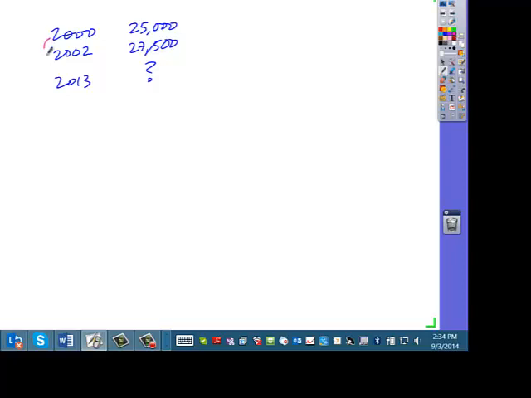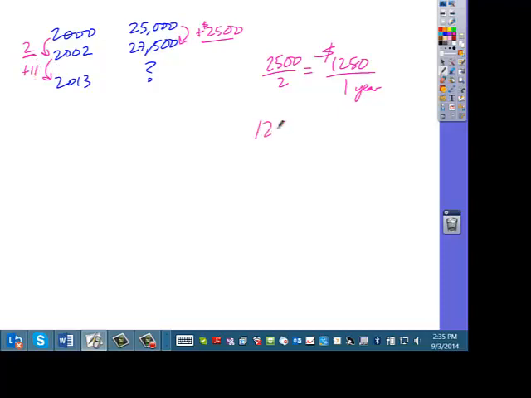So we've got a change of 2, and I saw a lot of you do this one. You basically said, okay, well, if that's 2 years and this much money increase, that means that if we divide, we get the change per 1 year. This is the increase in 1 year. And so then we just see how many more years we have, and it's 11 more years. So we just take our annual increase, multiply by 11.